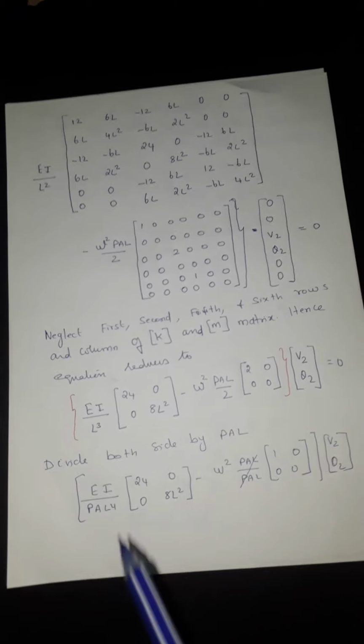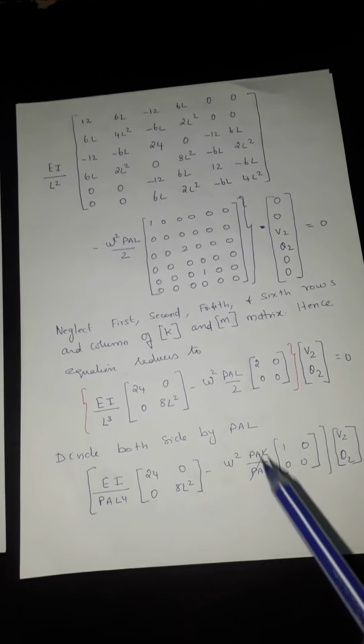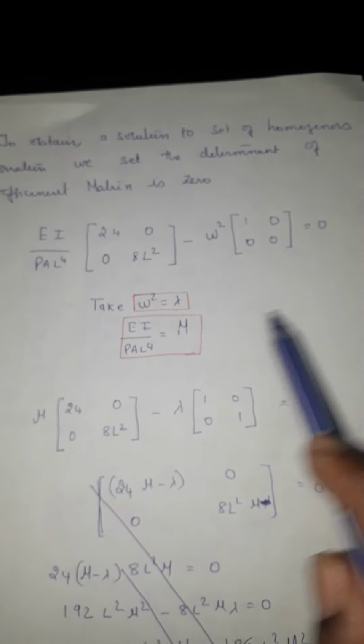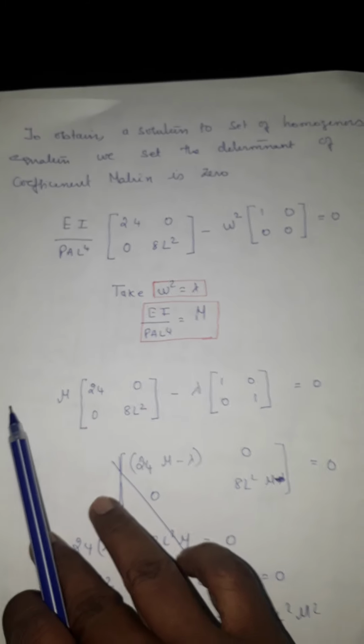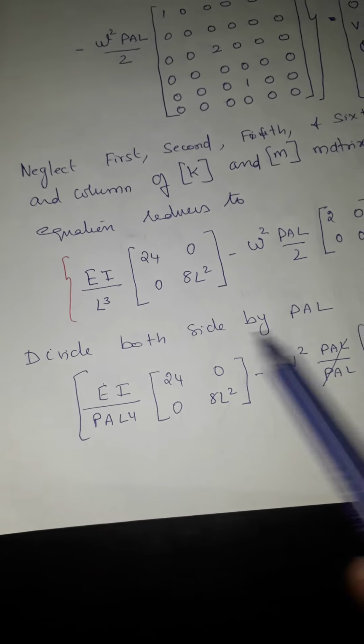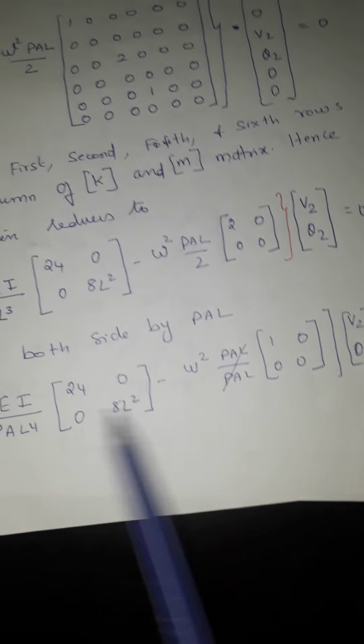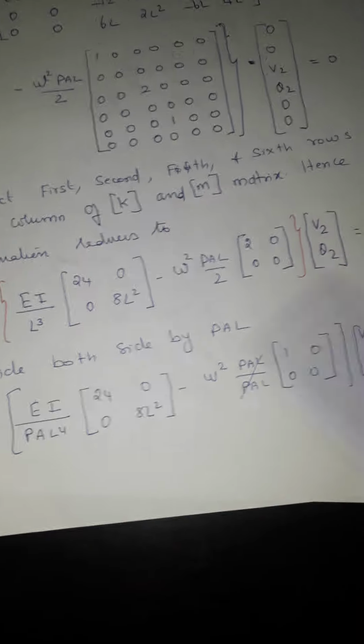So rho AL gets cancelled, so only omega square remains. So I am getting this part. Only this part I am taking, because it is a homogeneous equation and we can take the coefficients of this V2 and theta 2, the homogeneous coefficient matrix, and set it to 0 to find the determinant.